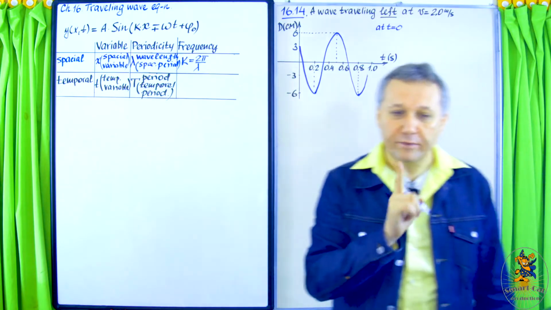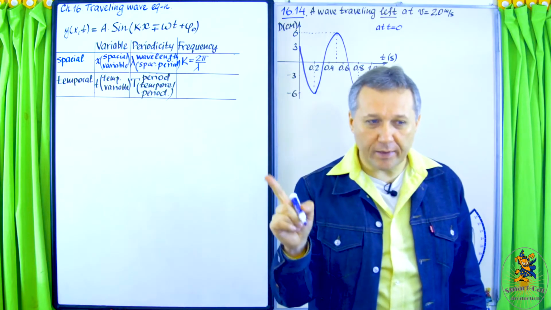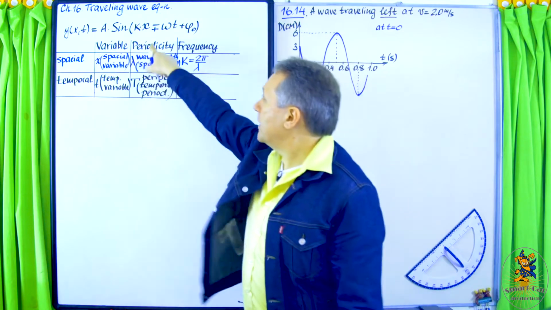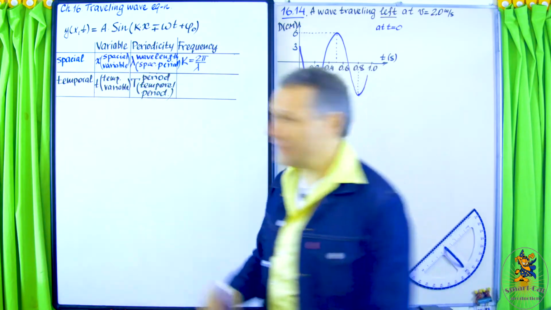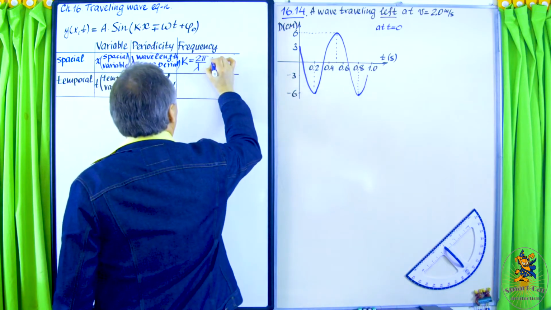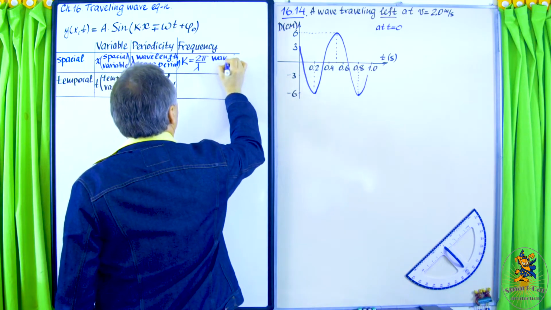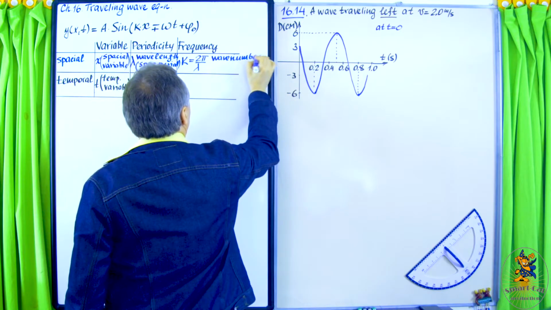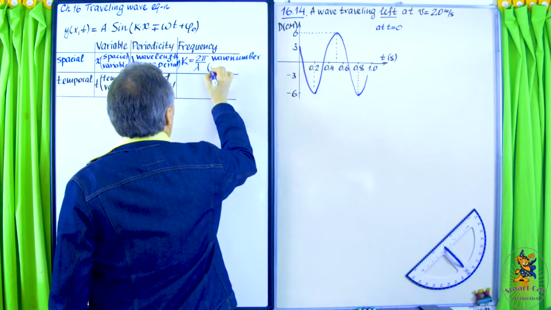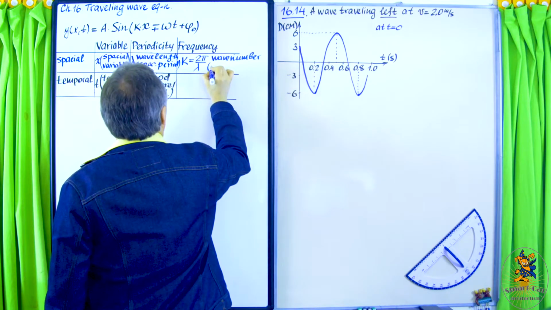So that's how wave number is introduced: 2 pi divided by the spatial periodicity lambda. Okay, and now let me write the name and the meaning. Name, wave number, and meaning, spatial frequency.